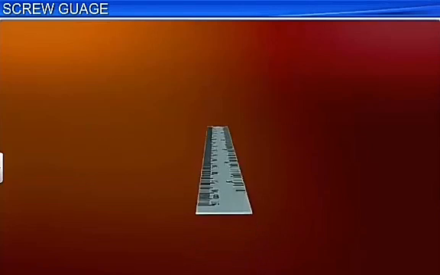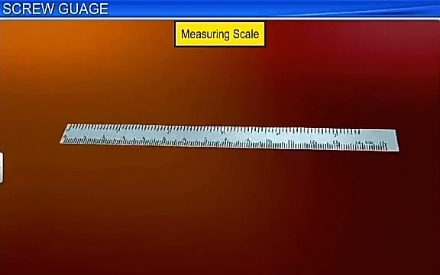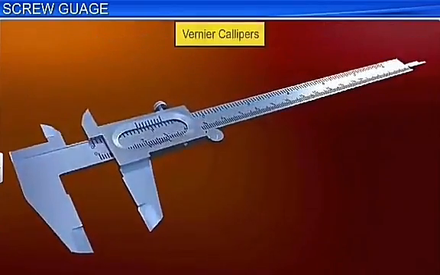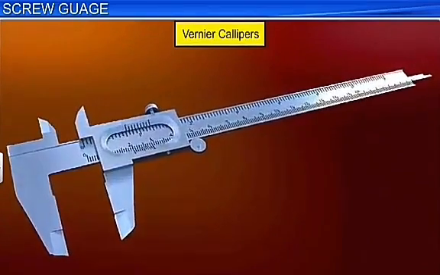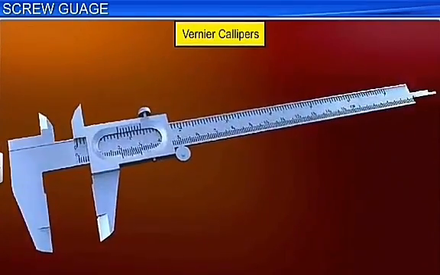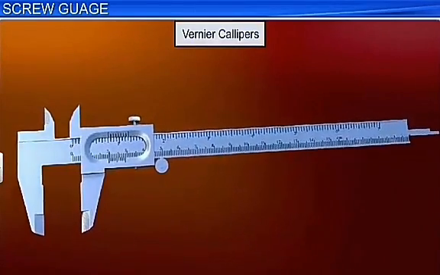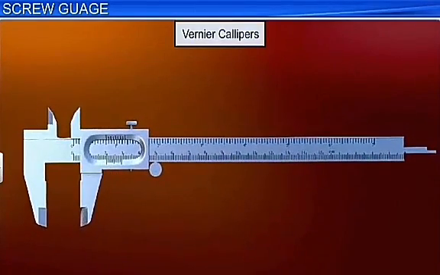Know that you can use an ordinary scale to measure up to 1 millimeter accurately. You also know that you can use the vernier calipers to measure up to 0.1 millimeter accurately. The least count of the vernier calipers is 0.1 millimeter.